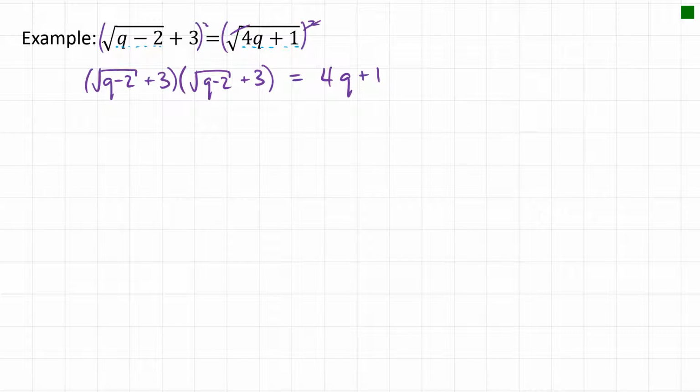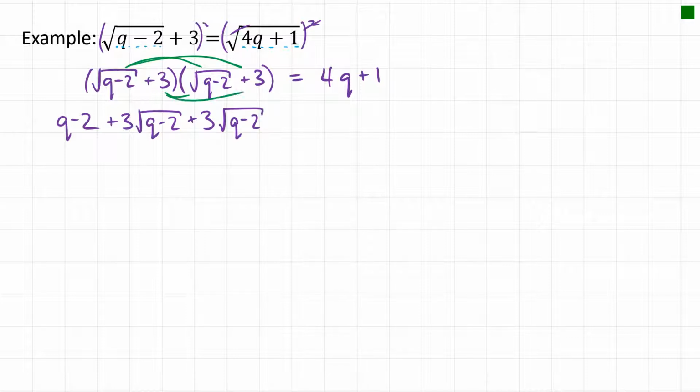And now I have to FOIL. So I've got first, square root of q minus 2 times square root of q minus 2 is just q minus 2. Those square roots cancel. But then my outsides, I have 3 times, so that's plus 3 times the square root of q minus 2. Insides, I have again plus 3 square root of q minus 2.